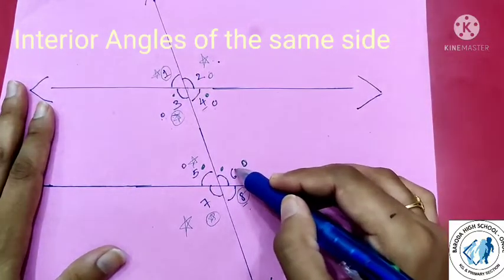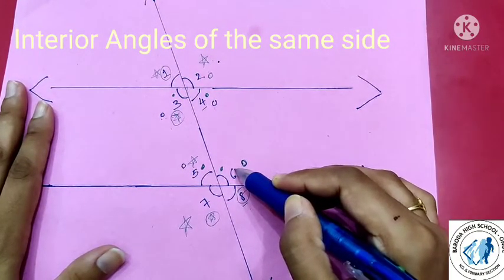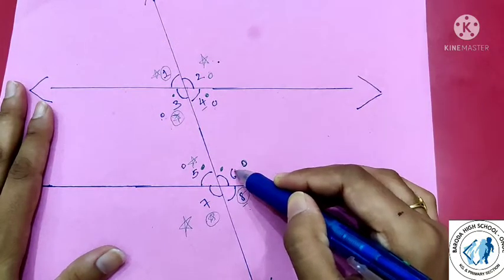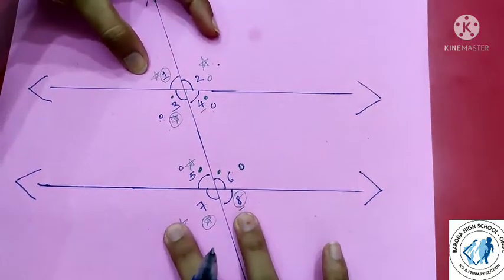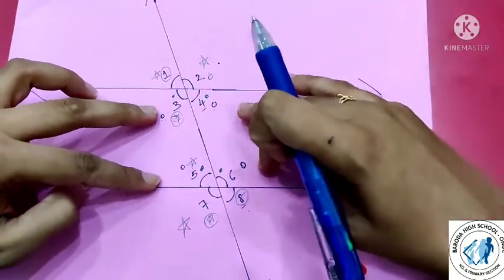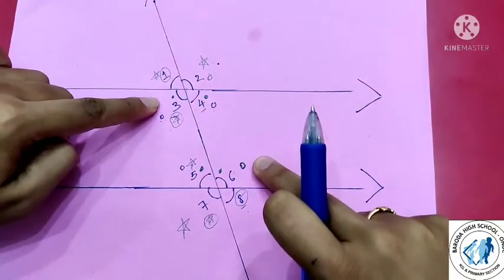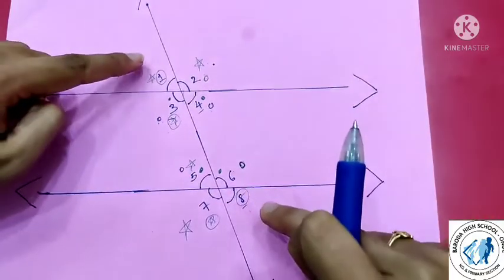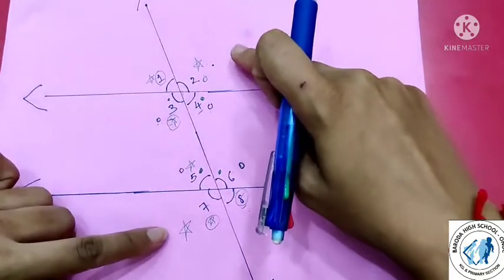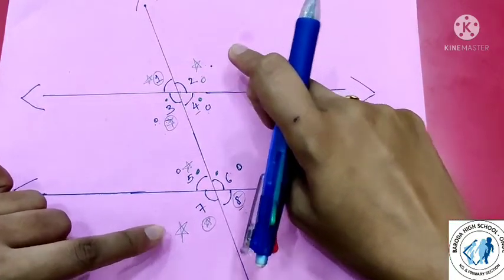Same way 4 and 6 are the interior angles of the same side. So we learned the types of angles: exterior angles, interior angles, then alternate angles, interior alternate angles, exterior alternate angles. Correct? Then what we learned?